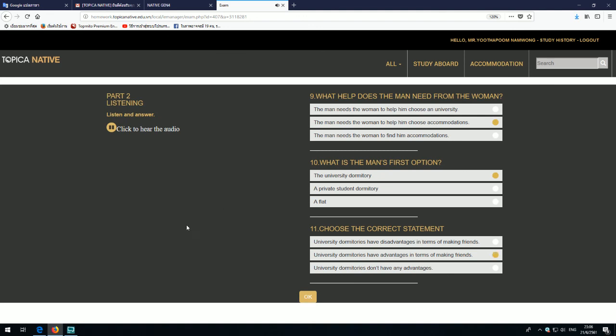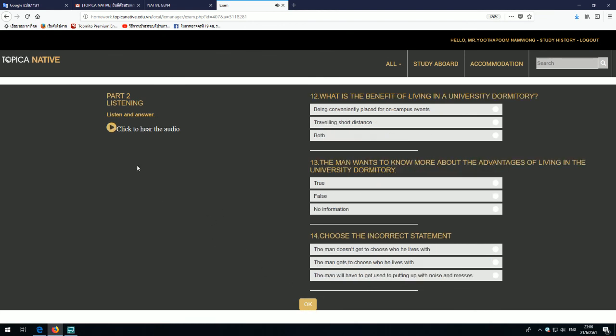Yeah, that sounds good. Anything else? Also likely to be conveniently placed for any on-campus events, so you won't have to worry about traveling a long distance. That'd be great. What about the disadvantages of living in the university dormitory?